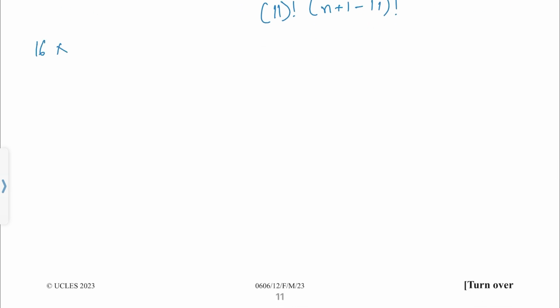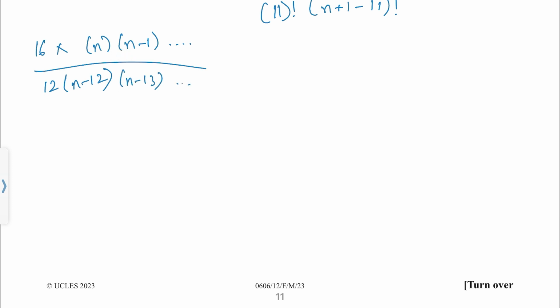So simplifying this, 16 multiplied by n, n minus 1 and so on. This would be 12 into (n minus 12) factorial. This would be n minus 13 and so on, till n minus 12, and this would be cancelled out by this.